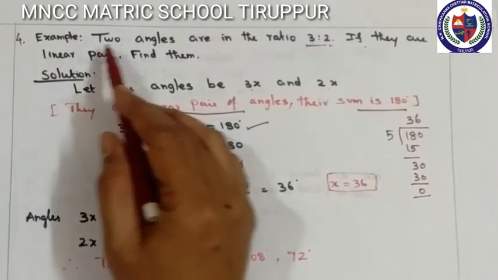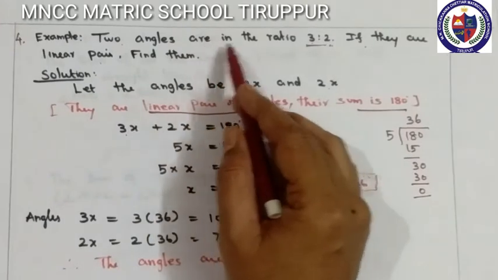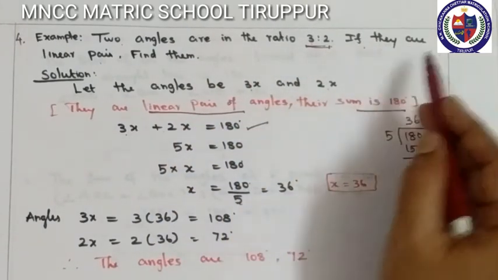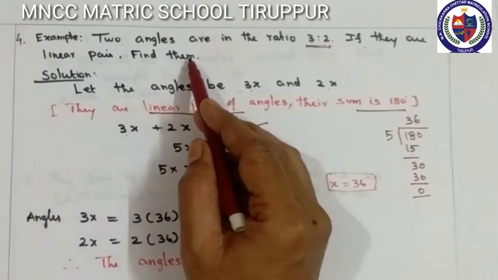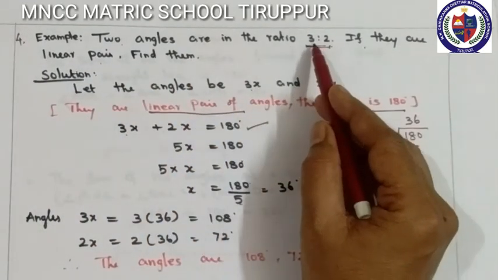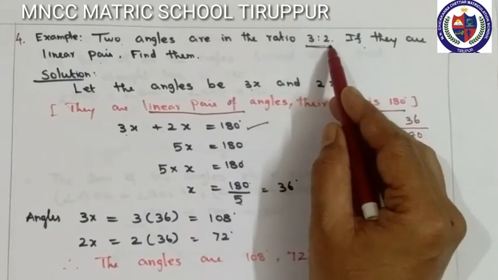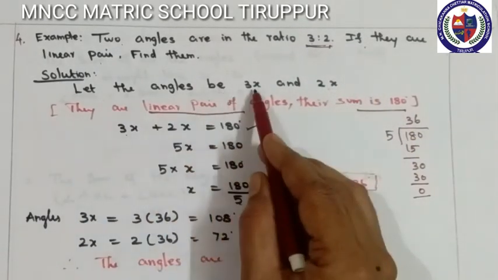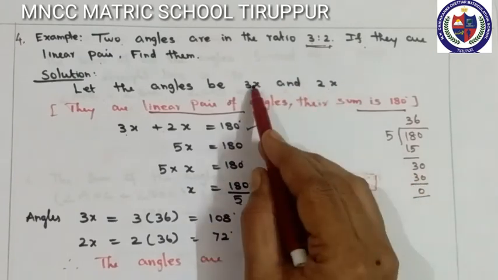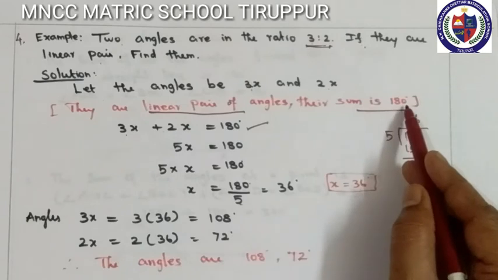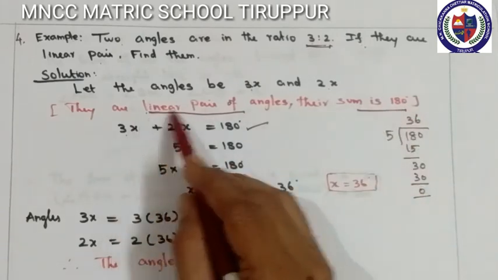Fourth example: two angles are in the ratio 3:2. If they are a linear pair, find them. The ratio of the angles is 3:2, so let the angles be 3x and 2x. The sum of the angles, 3x plus 2x, is 180 degree, because the angles are a linear pair.